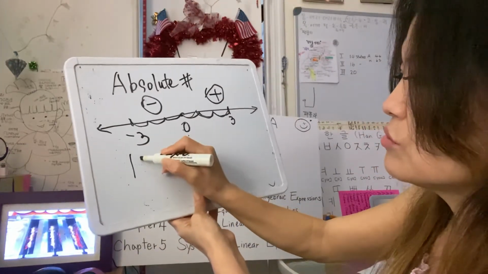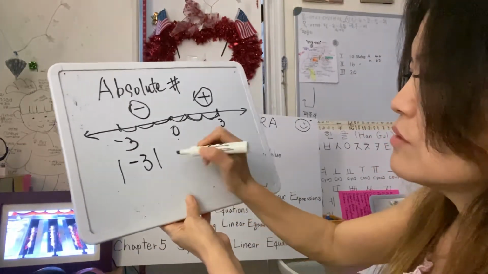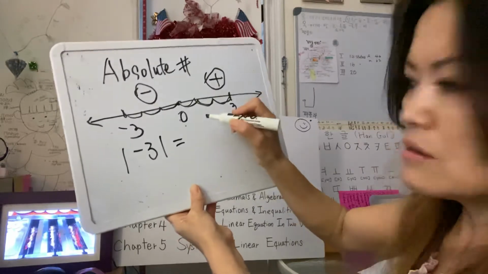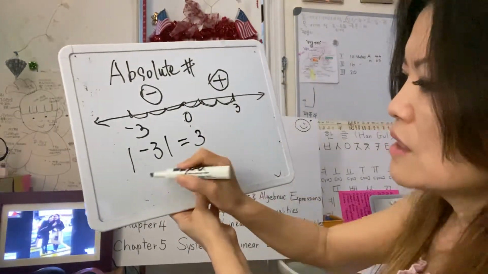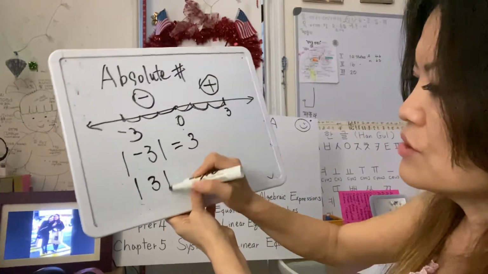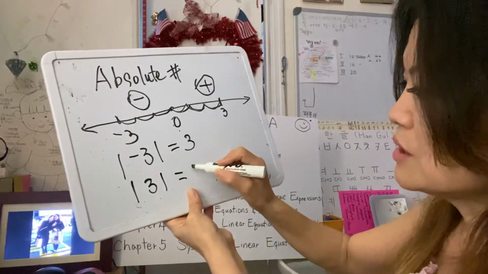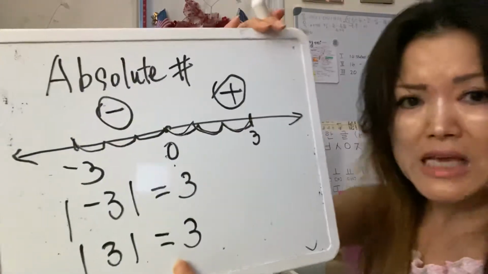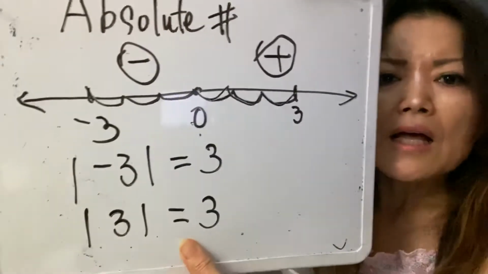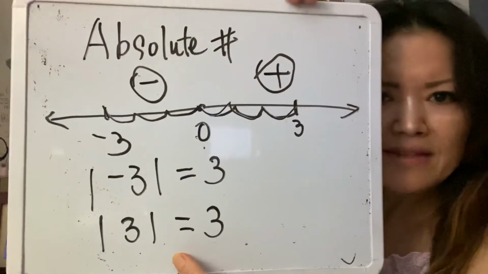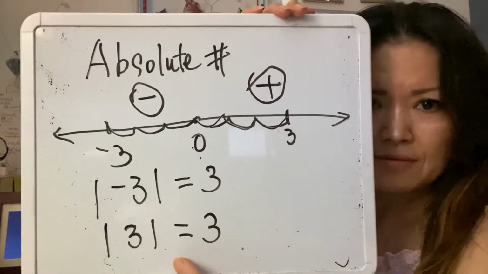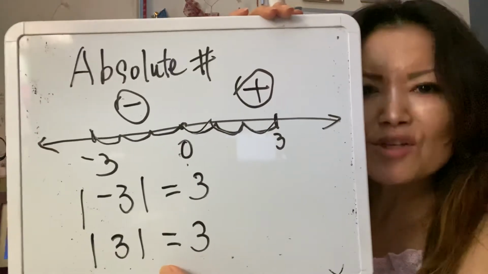So we are going to write that the absolute value of 3 is 3. It's the same answer. Absolute value can never be negative. Is it correct? Because it's a unit.